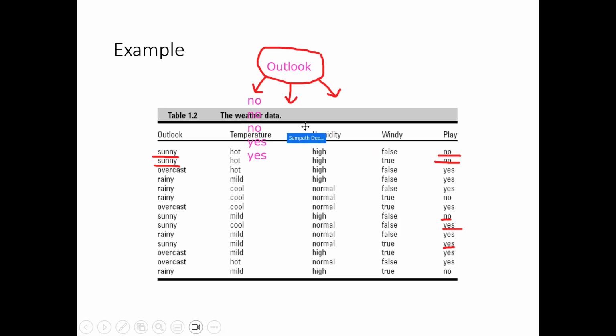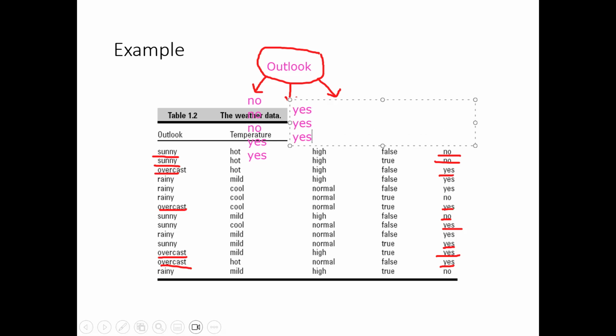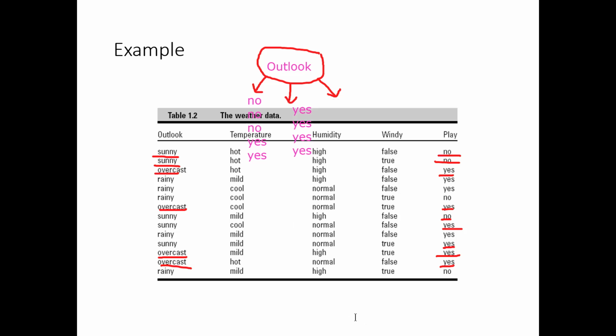Similarly, if you look at Outlook is overcast, it will be yes, yes, yes, and yes, which means all the values under overcast will be yes.